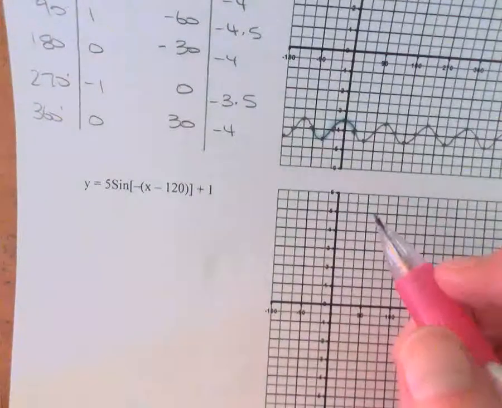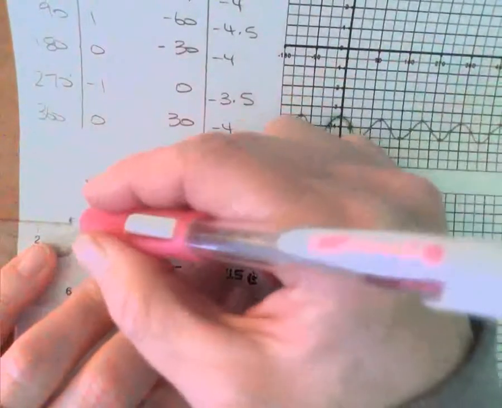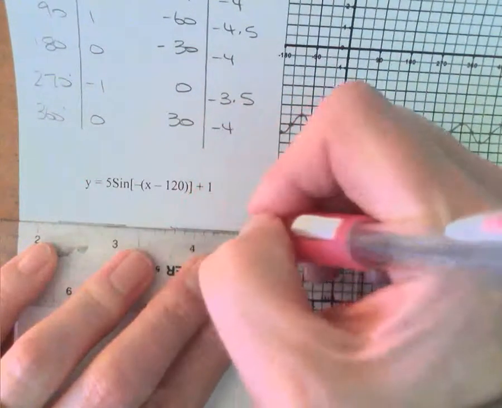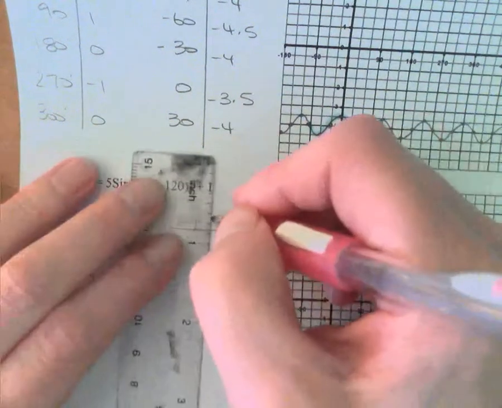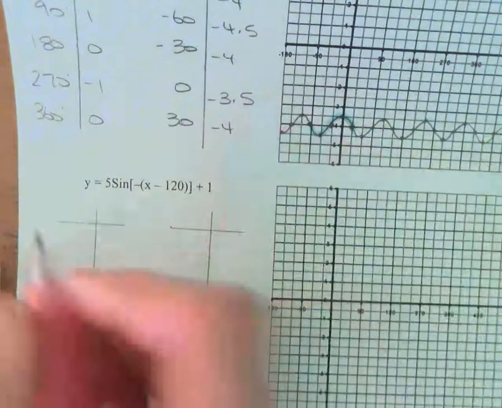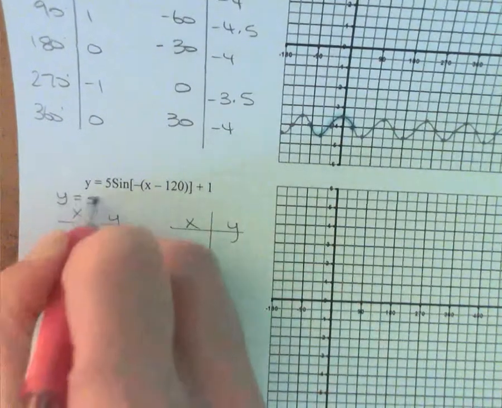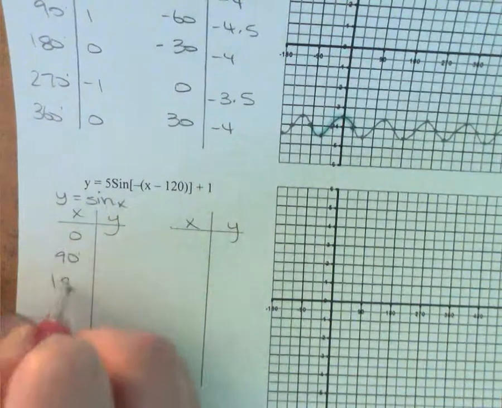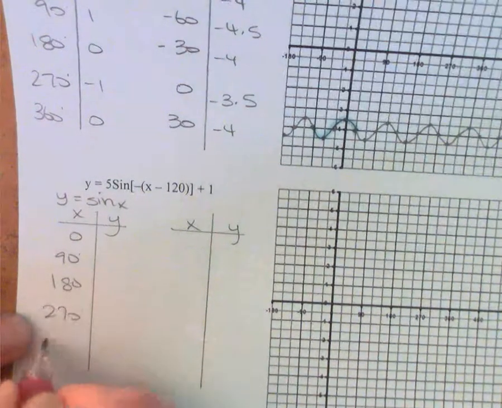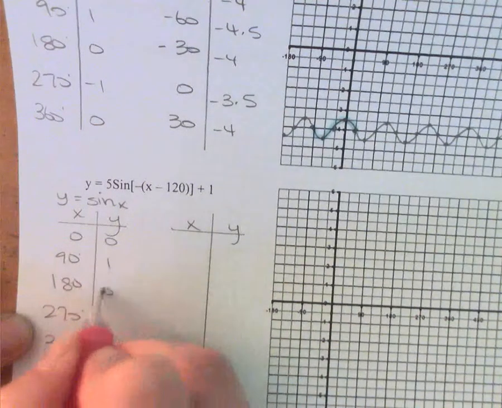Okay, let's try this next one. So I'm going to draw two tables. So I have x, I have y, I have x, I have y. This is my base graph of sine x. 0, 90, 180, 270, and 360. 0, 1, 0, -1, and 0.